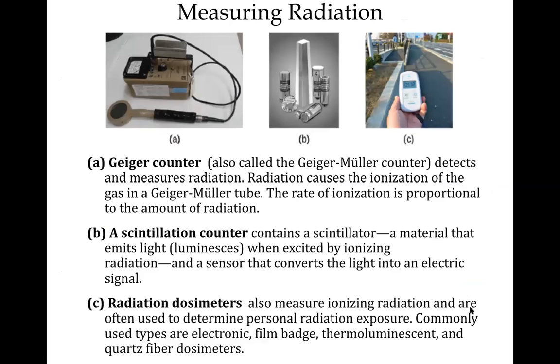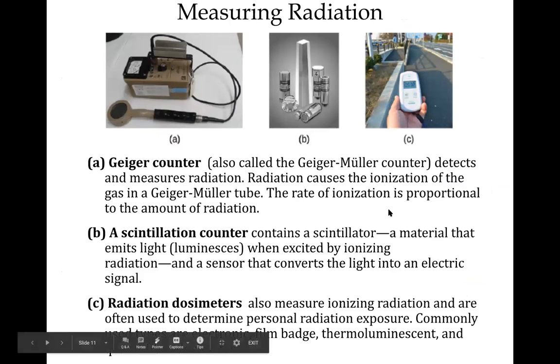So how do we measure radiation? There are three major ways. One is a Geiger counter. What it does is, if there's radiation in the vicinity, it's going to ionize the gas in this wand here.